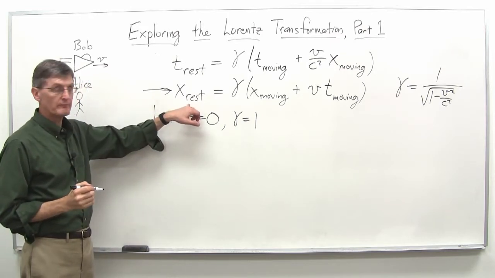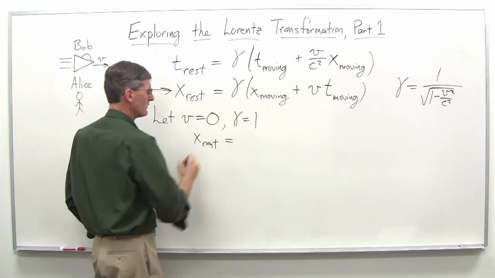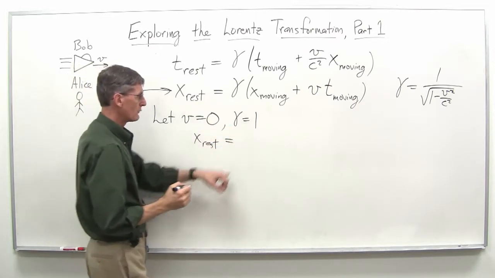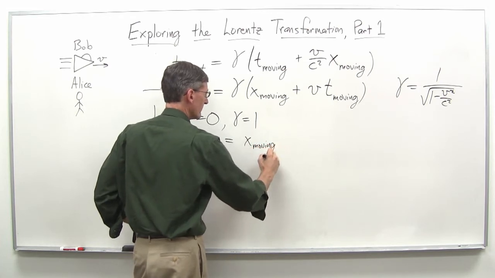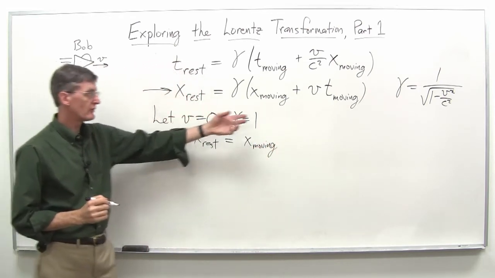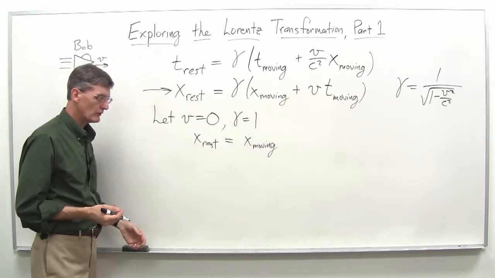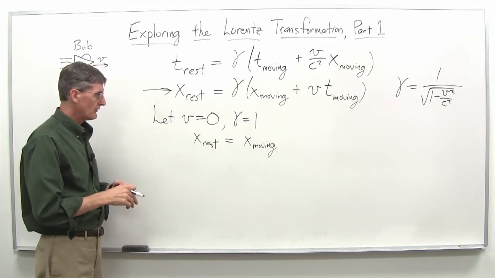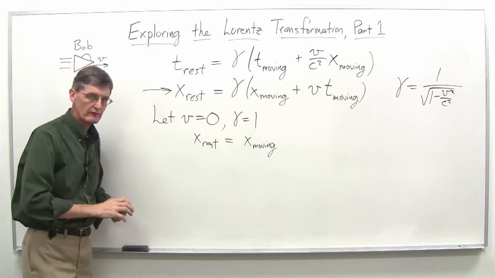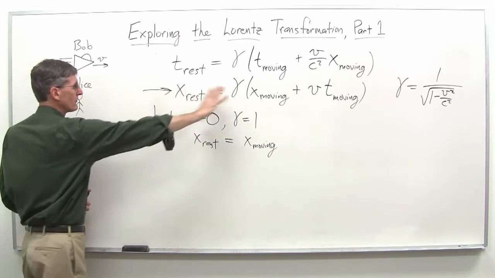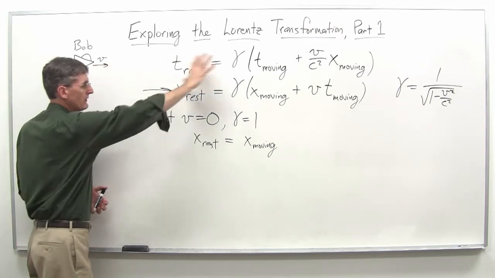So what does this equation become? We get x rest, Alice's perspective, gamma is 1 here, equals x moving, and v is 0, so this term is 0 as well. So we just get x rest equals x moving. In other words, thinking about the lattice of clocks as the underlying foundation of our observations, Alice has her lattice of clocks as her measuring system for length and time, and Bob would have his as well.